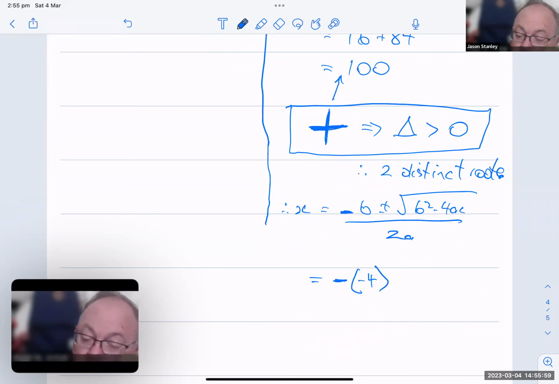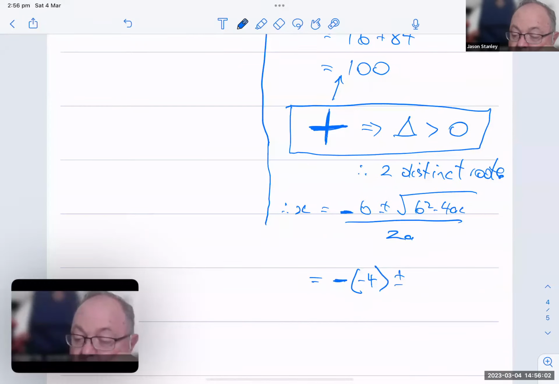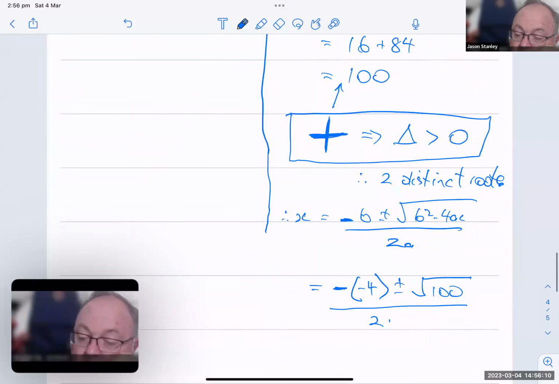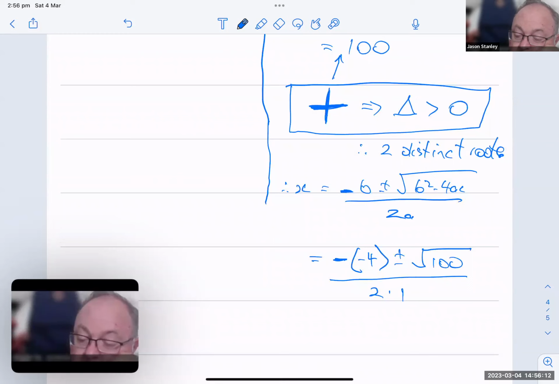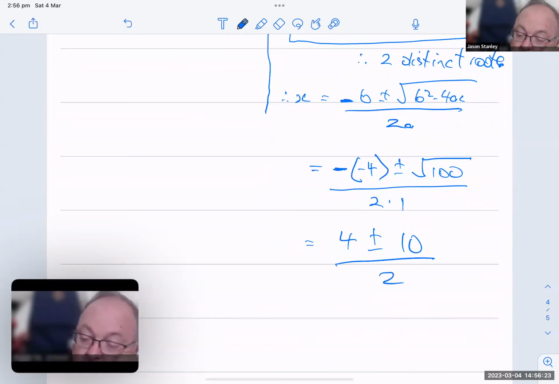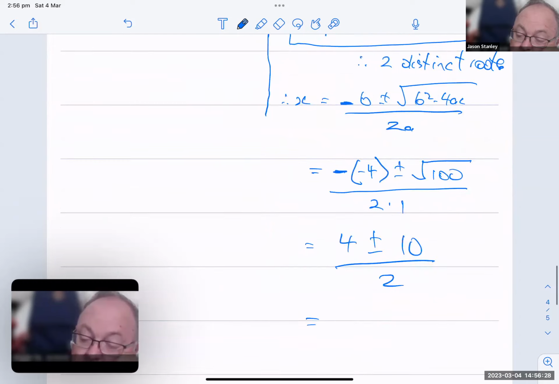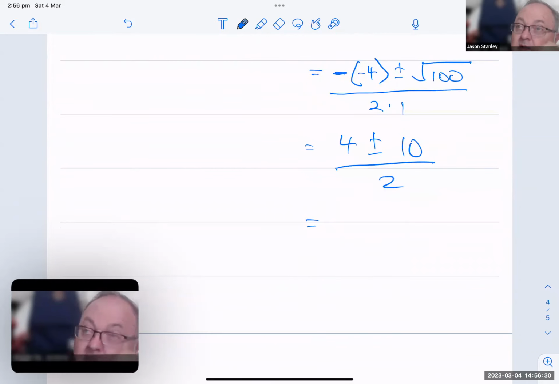So it's actually -1 times -4. Now the square root, b squared minus 4ac was 100, we worked out. 2 times, and a was 1. So minus times a minus is a plus. The square root of 100 is 10. And all of that's divided by 2. So there's your adding fractions. Hopefully the adding fractions is getting more familiar for you, so you can see the value in it.